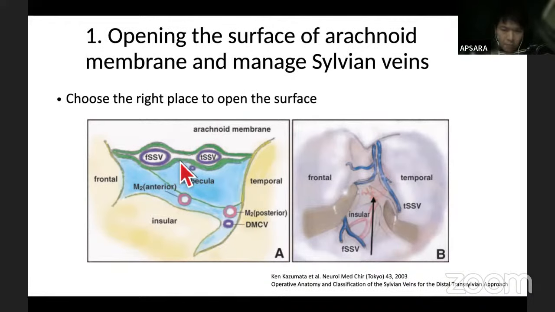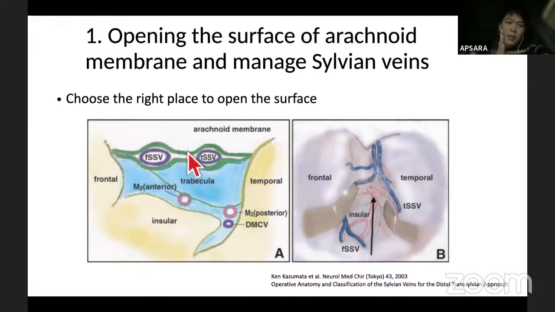Below this area, there is arachnoid trabecula. Then we lead to the M2. If we go proximal to the M2, we lead to the M1 and ICA, and then we can separate the Sylvian fissure correctly. So first, we should consider which area of the arachnoid membrane to cut first.